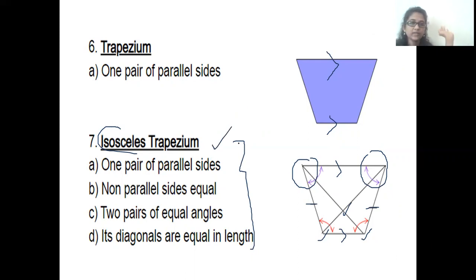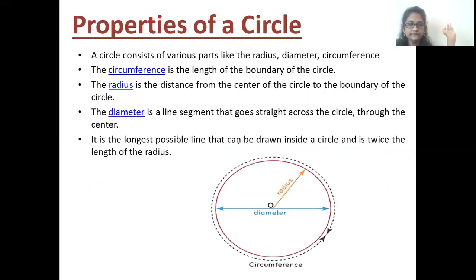All right. And then the next one is a circle. As you can see here, a circle has three different parts. One is the circumference, that is the outer boundary here, or the length. Okay. And the next one is the radius, that is the distance from the center of the circle to the boundary. So this is the center, and that distance to the boundary is called the radius. Okay, and the other one is the diameter.